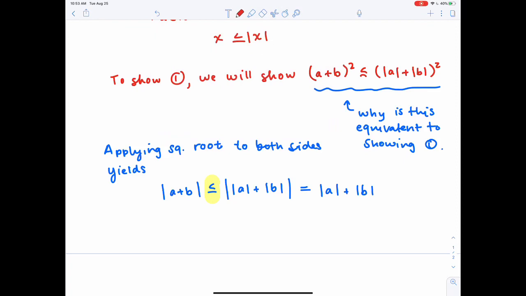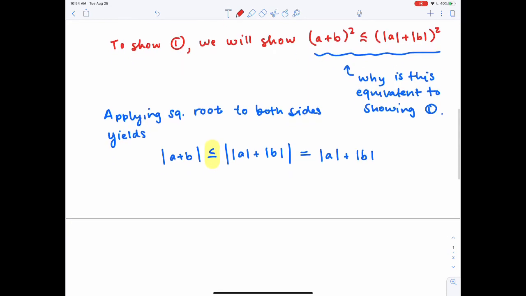For example, if I were to apply the cosine function to both sides, if I start with a being less than or equal to b, that doesn't mean cosine of a is less than or equal to cosine of b. So you want to ask yourself, well, what property about the square root function are we using here that justifies the preservation of the inequality when you apply the square root to both sides?